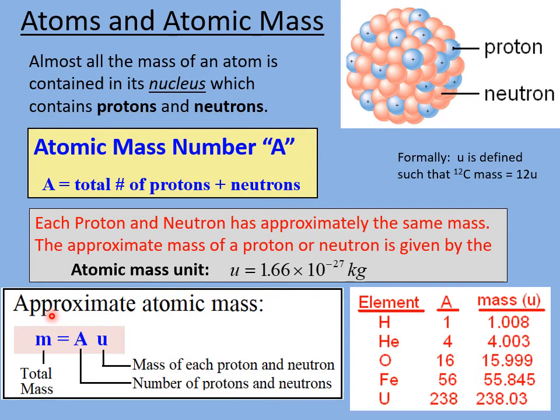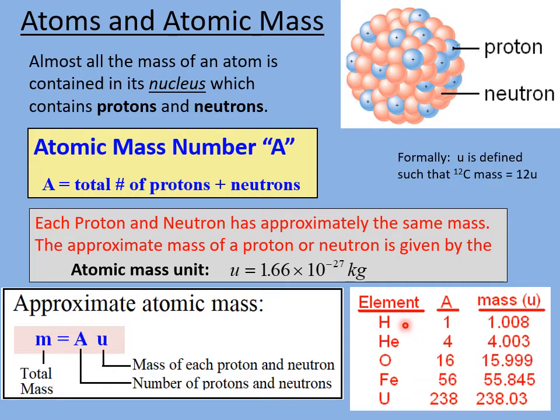So with this, we can approximate the atomic mass of an atom: its total mass is just equal to the atomic mass number A, remember that's the number of protons and neutrons, multiplied by U, which is the mass of each proton and neutron. So for example, let's look at this table here. I've just listed 5 different elements.